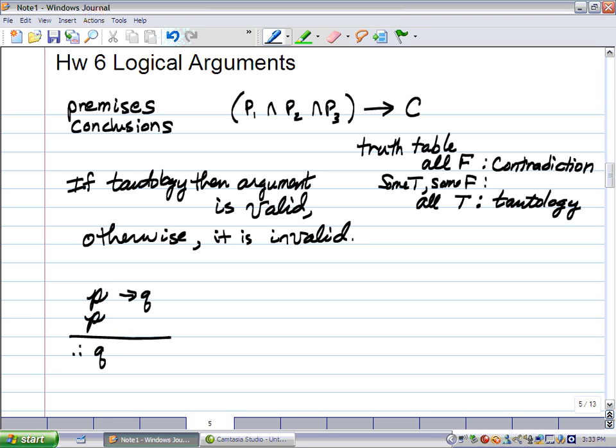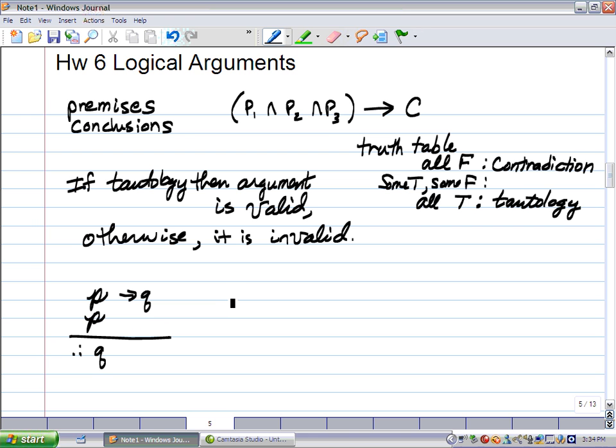We're saying if P implies Q, and we also have P, then we know Q. In other words, if I know I have P, and I know that if I have P, I also have Q, then knowing these two things together, I know I have Q.